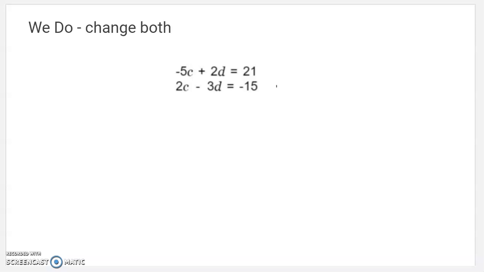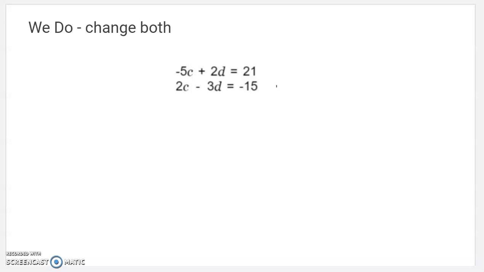Can't, or at least not a whole number. What can I multiply the bottom one by and make one of the coefficients match the top? Can't, or at least, again, not a whole number. So in that case, we're going to choose something to multiply both by where one of the coefficients will match.